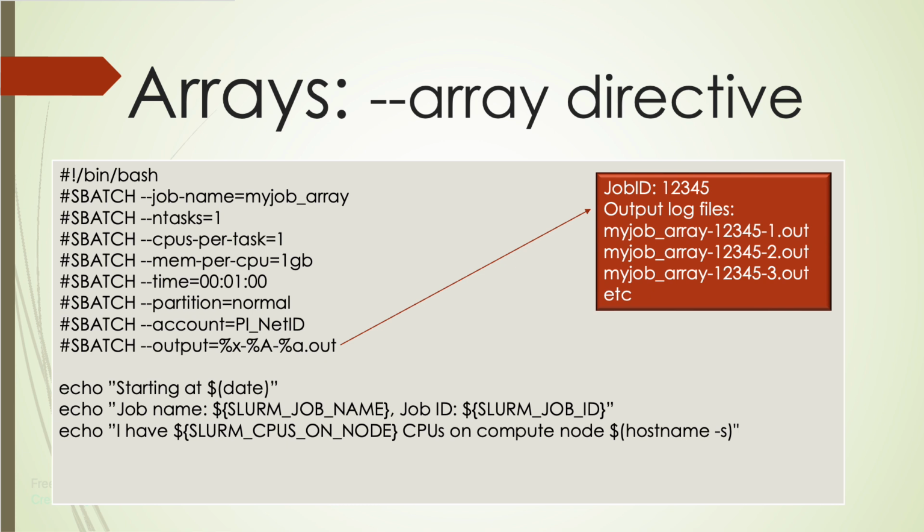So, if the job ID is 12345, then these will be the names of the output log files for each element or subtask of the array. My job array, which is the name of the job, dash 12345, which is the job ID, dash the corresponding index dot out.